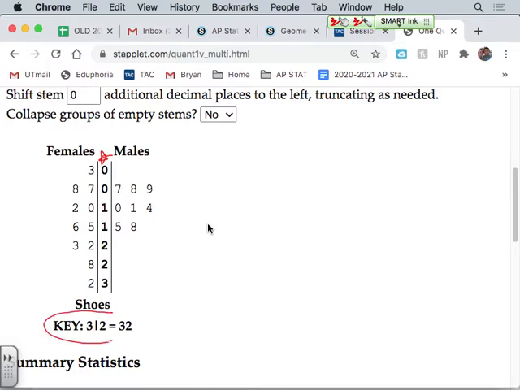Again, they posted our key for us, so that's super important. So we have the numbers 3, 7, 8, 10, 12, 15, 16, 22, 23, 28, 32. And it's a little different looking at it when it's to the left side, and then we have one to the right side. Specifically, it's weird when we talk about the shape of that data. So we'll get to it. Copy that down.